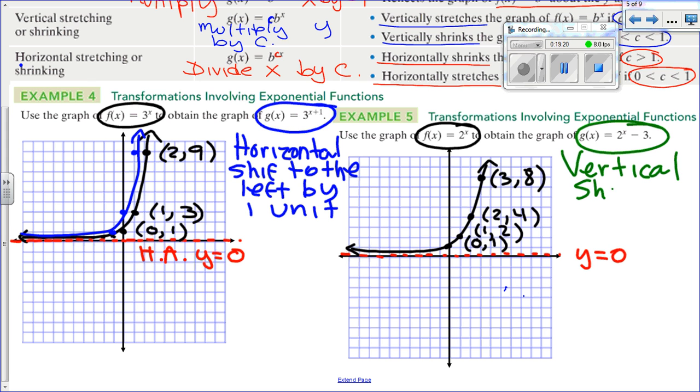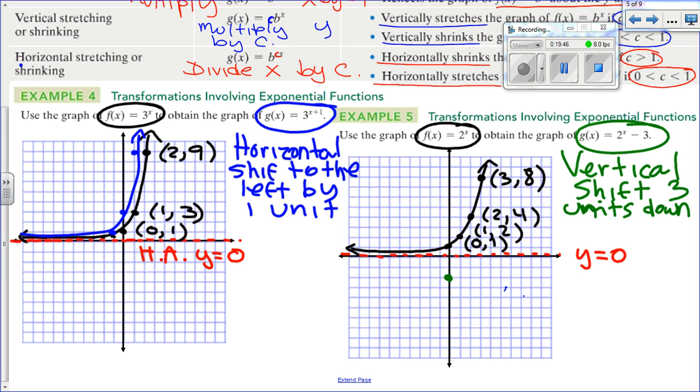So vertical shift, 3 units down. So what that means is we need to subtract 3 from every y value. Or you could just visually shift every point 3 units down. So this point will be here.